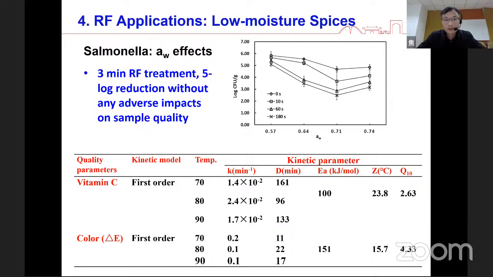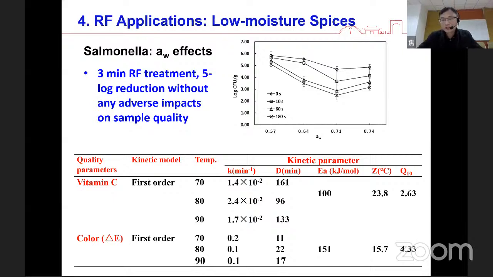And generally, we found that for the Salmonella, only 3 minutes of alpha heating is needed. The heating process takes less than 2 minutes, and then we hold for less than 1 minute. So the total process is about 3 minutes. So 3 minutes of alpha heating can achieve 5 log reductions without causing any adverse impacts on the sample quality.